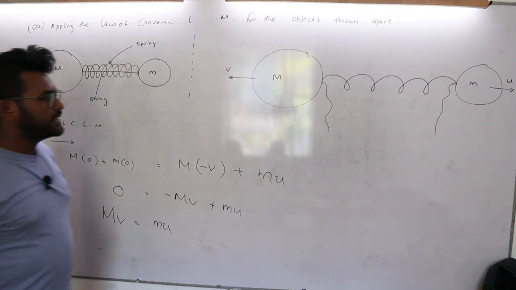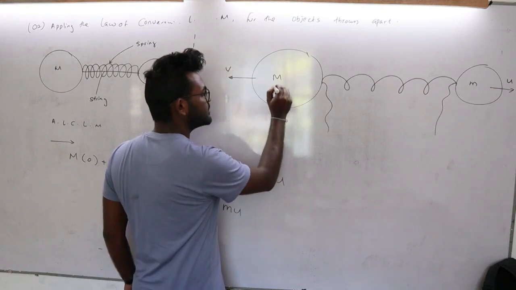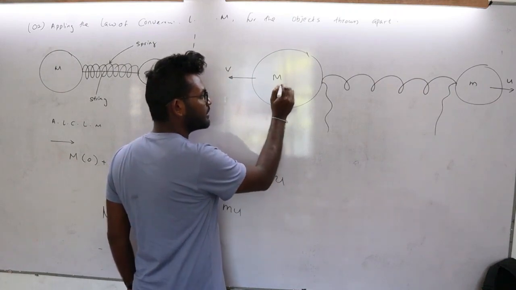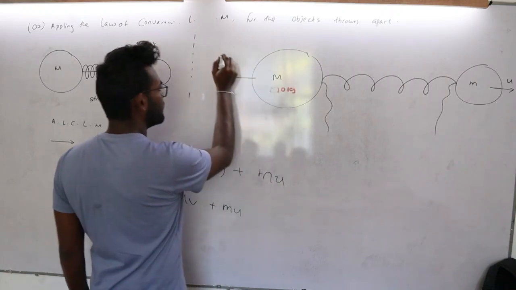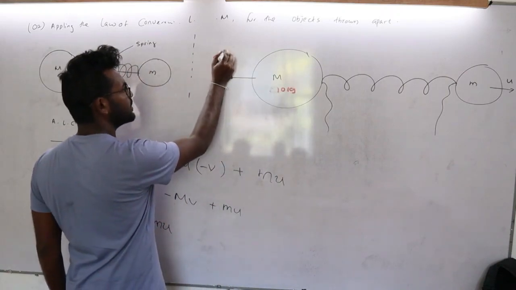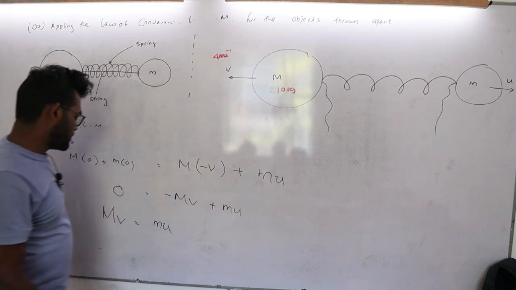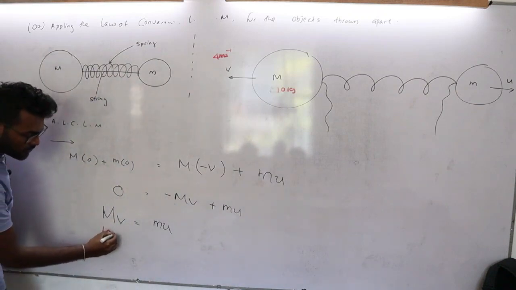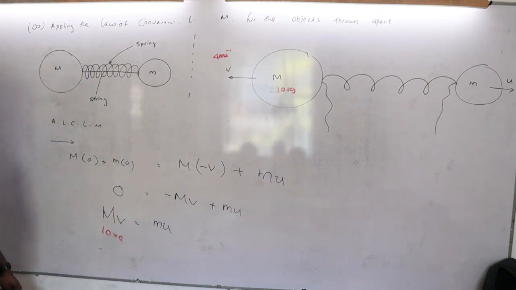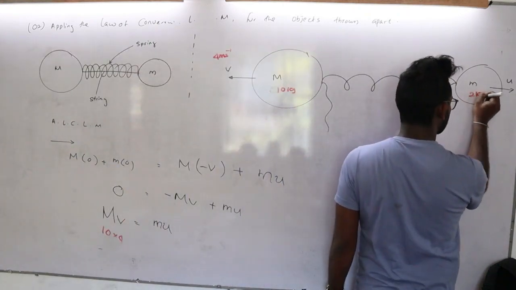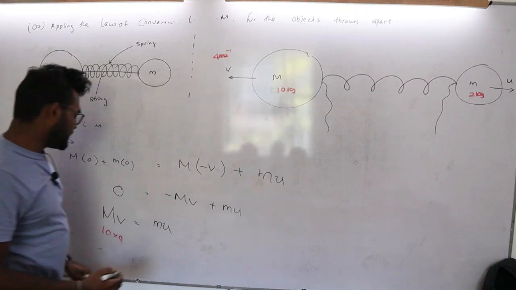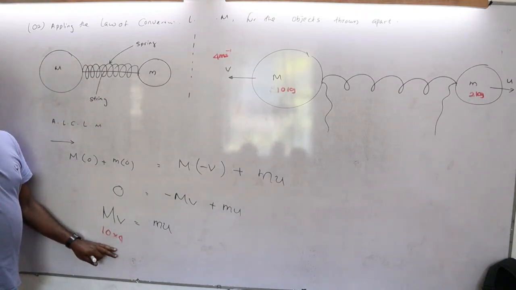Okay, let's say this one is 5 or maybe 10 kilograms, having a velocity of 4 meters per second. That's 10 into 4, that is 40, right? What if this one is 2 kilograms? So 10 into 4 on this side gets 40.